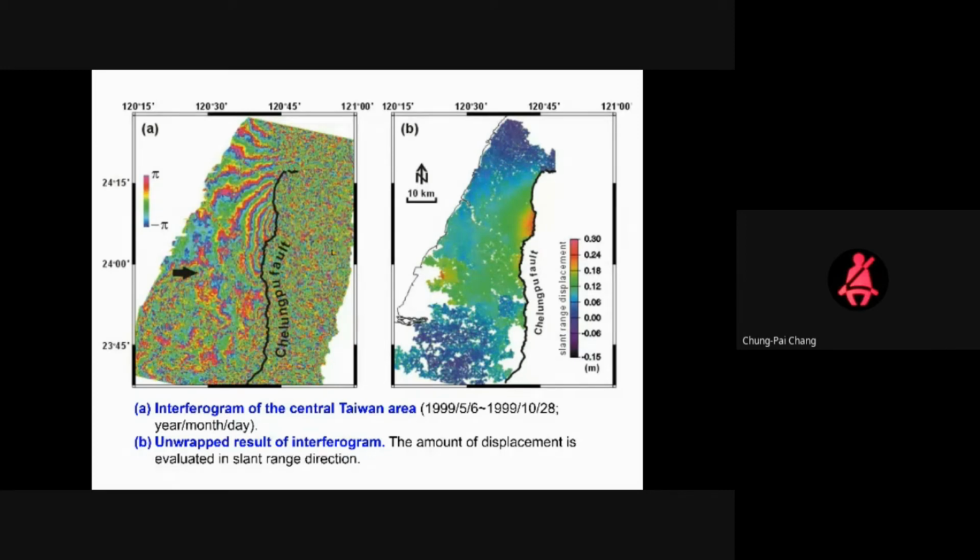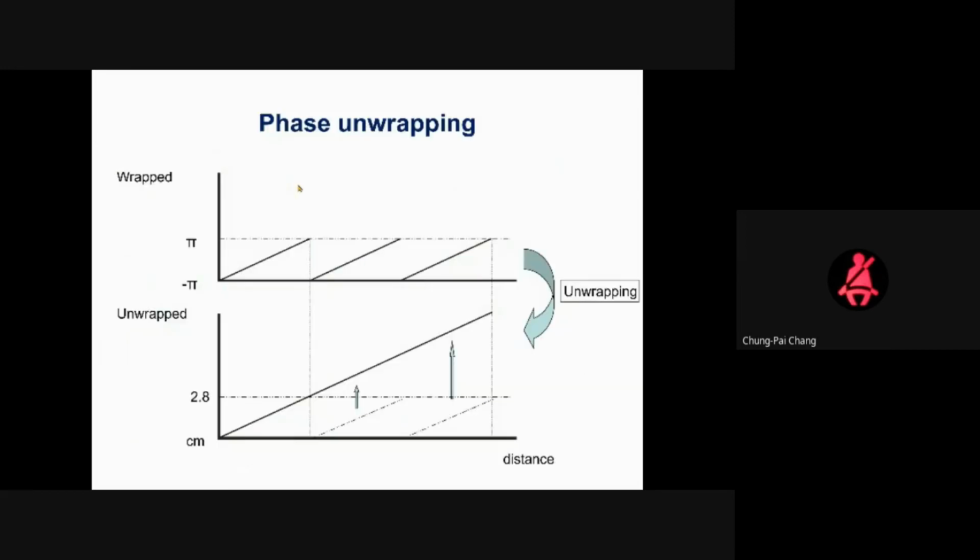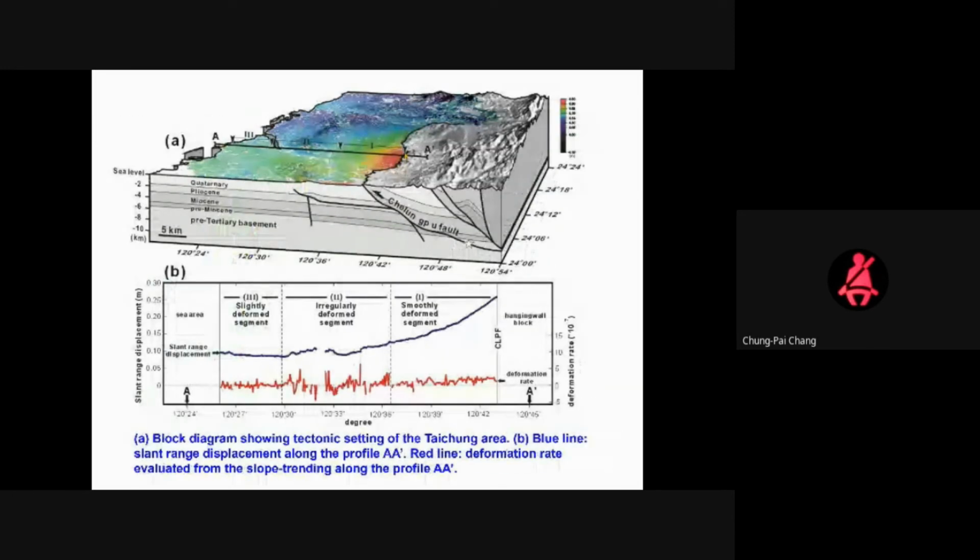So it's very, very difficult to unwrap. This is the limit of this technique. So you can see in this result, I just put the result of the western side of the Chelungpu fault. For the mountainous area, still we can show nothing. So we have to develop some new technique.